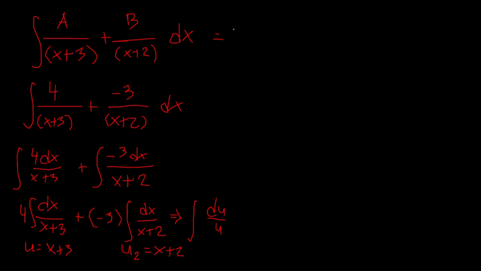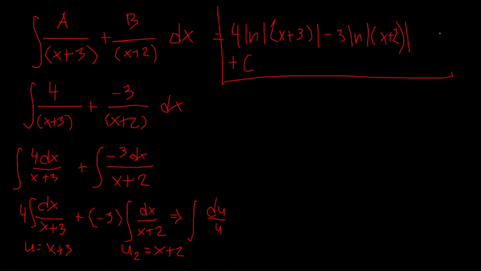And then we can do the formula now. For 4 ln absolute value x plus 3 minus 3 ln absolute value x plus 2 plus c. So that is the answer for this problem.